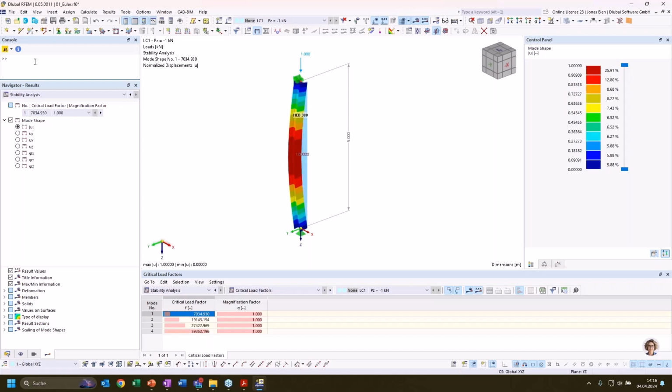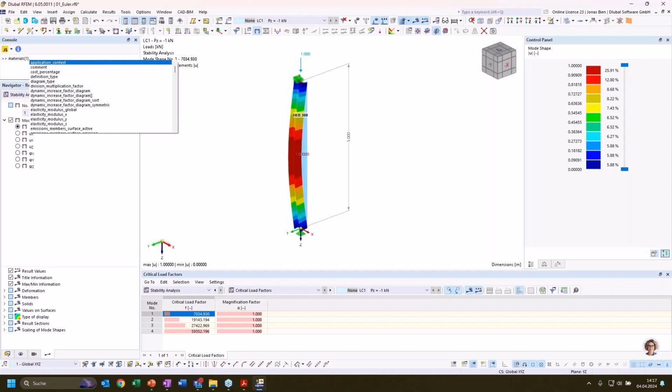And in here, I can reference all the objects that I have in my model. For example, I could reference my material number 1 by typing this and then typing a dot, and then I see all the properties that I can ask this object for.